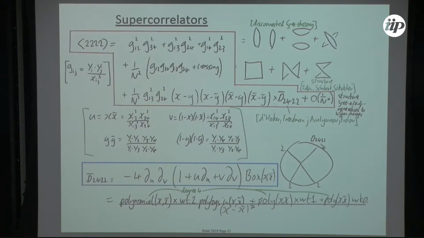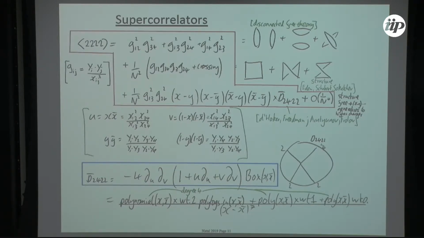So that's the structure, and this structure is kind of crucial. This sort of structure is going to generalize to our loop level. You get the same structure as we've just seen for all tree level correlation functions, and we get a similar structure, but just increasing the weight for the loop level as well.